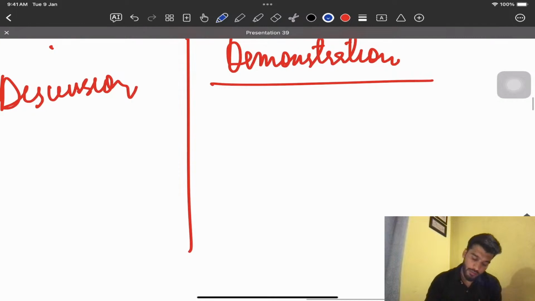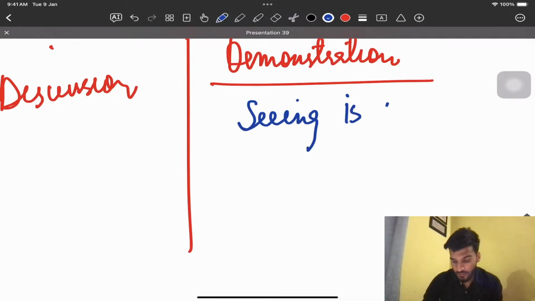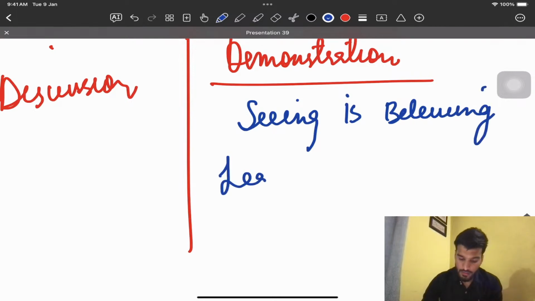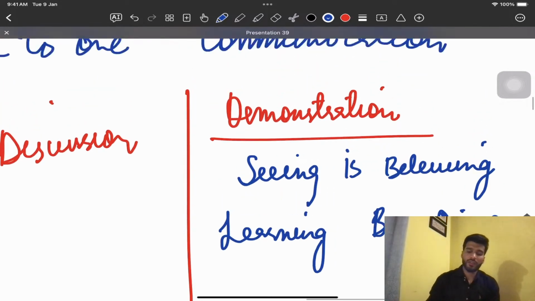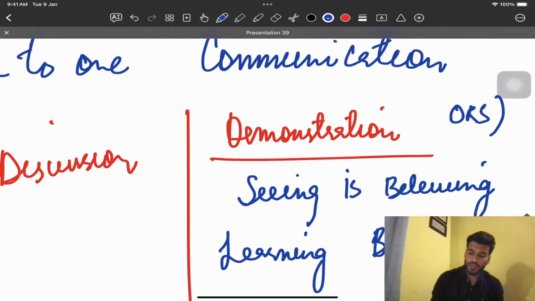The principle you will remember for demonstration is: seeing is believing, learning by doing. It's called demonstration, and demonstration is mainly done for ORS.